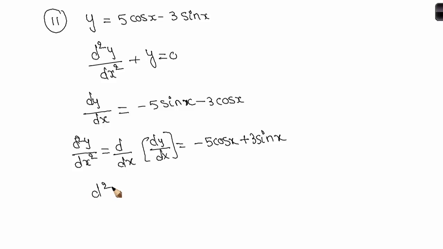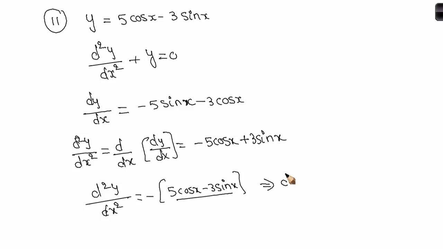Therefore d square y upon dx square is equal to minus of 5 cos x minus 3 sin x, which is same as y. So it implies d square y upon dx square is equivalent to minus y. Just bring minus y this side, it becomes plus y is equal to 0.